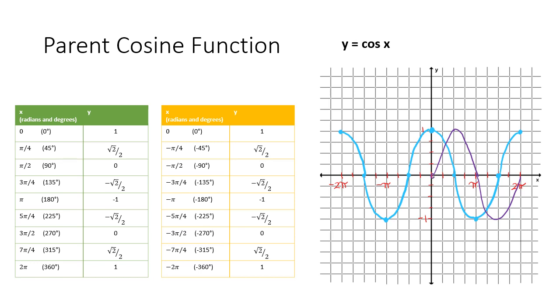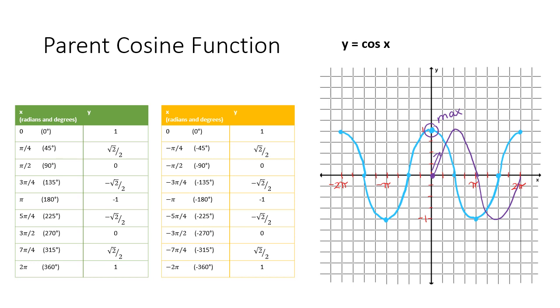Whereas the sine curve starts at 0 and goes upwards, our cosine curve actually starts at this max point for our parent function, that's 1, and it heads downward. So our cycle is actually going to be defined a little bit differently.